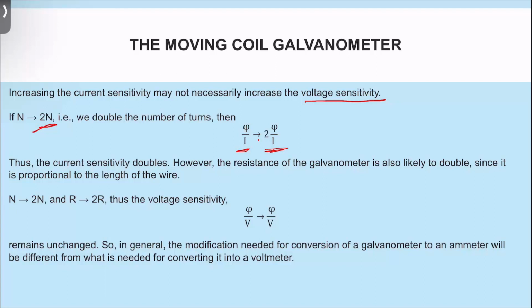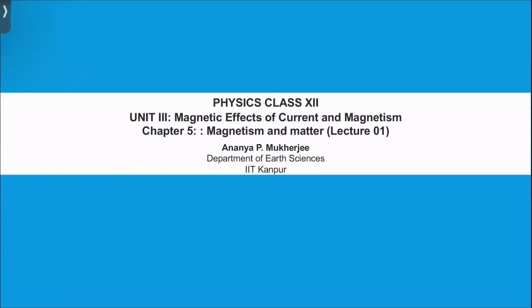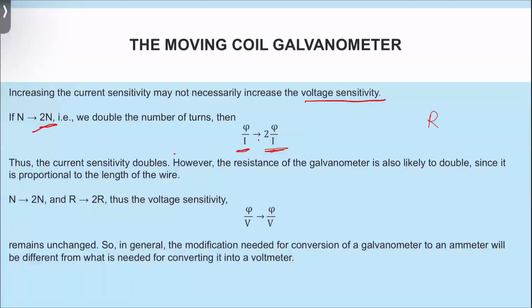But the resistance of the galvanometer will then also increase. If we increase the number of turns, then the resistance of the galvanometer itself will change, because we know that R is proportional to L. So L will increase if we increase N over here. Then your resistance will also increase.